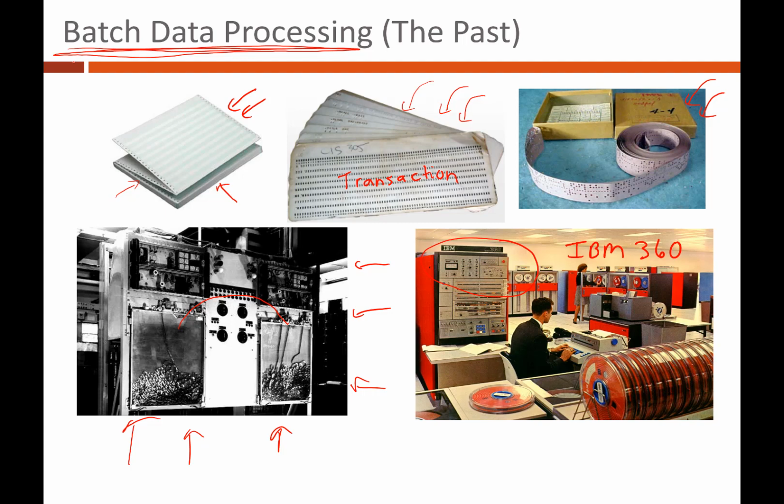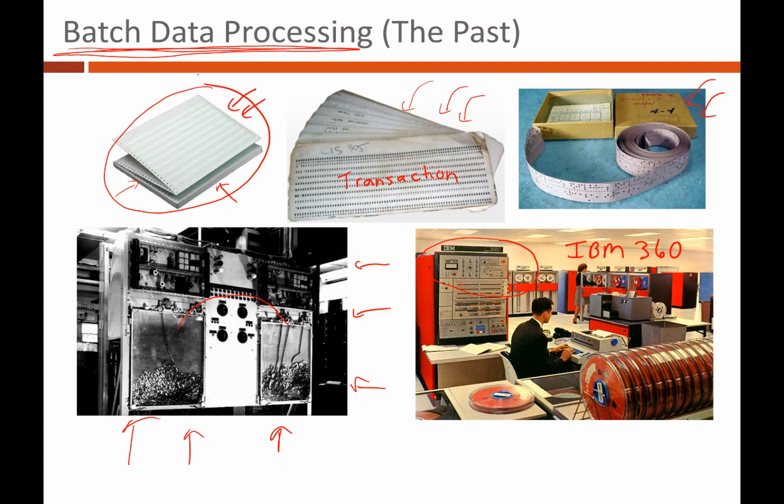So you would have these waves of data going into a system. You would feed in a whole bunch of punch cards, and then you would get back probably printouts on green bar that would show you your sales transactions for the day and orders that needed to be shipped out and things of that sort.